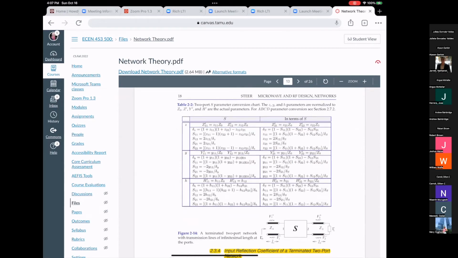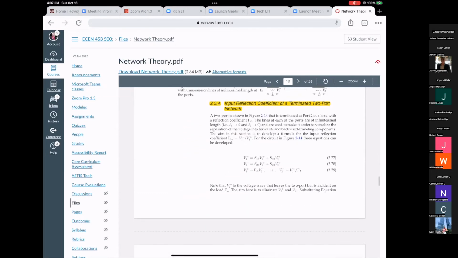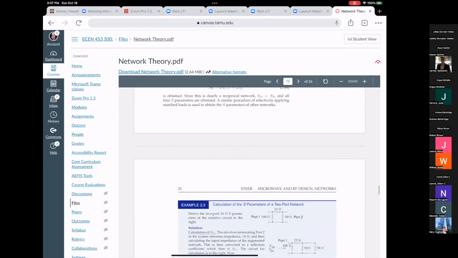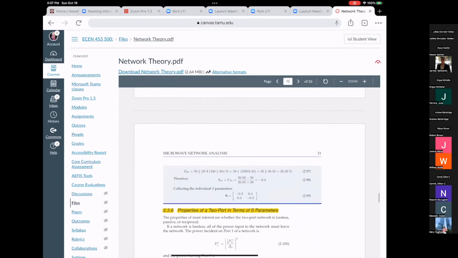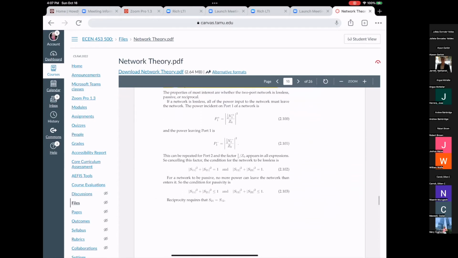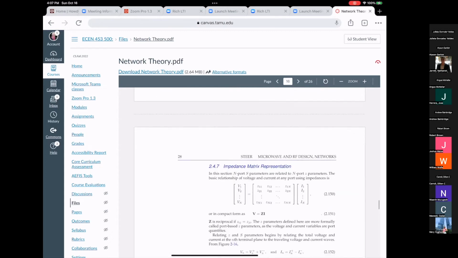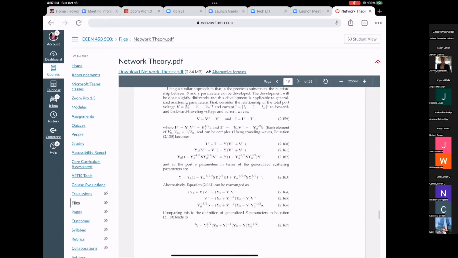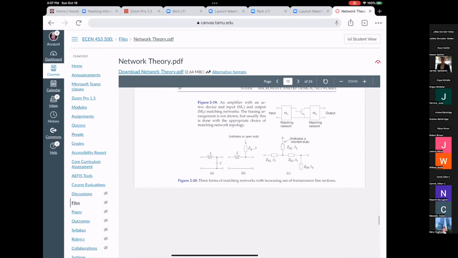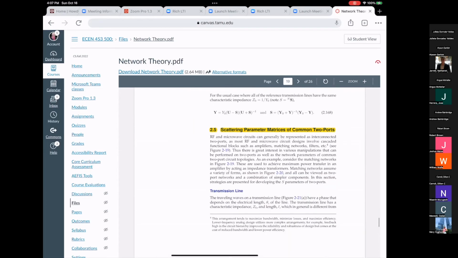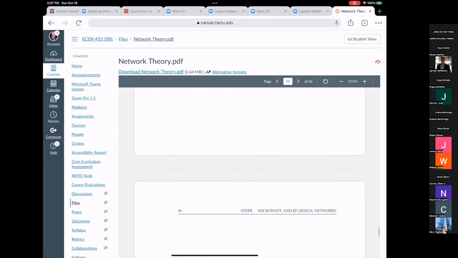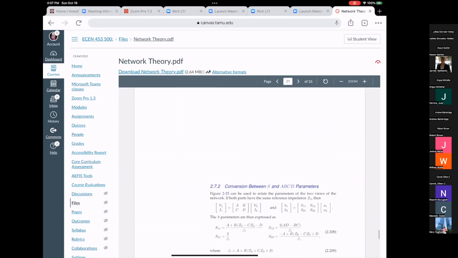Here you can find how, in terms of S, let me see. Here are the scattering matrices of simple networks.